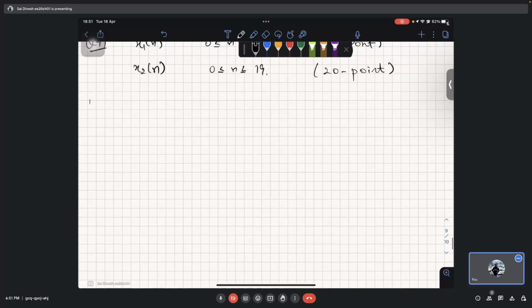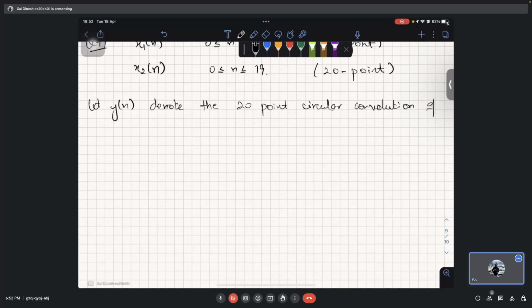Let y of n denote the 20 point circular convolution of x1 of n and x2 of n.